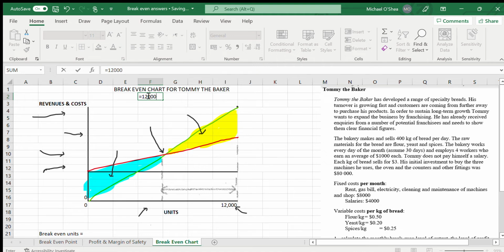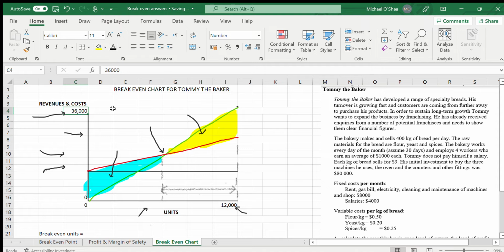So equals 12,000 multiplied by $3, just to show you that here is 36,000. So the sales are going to go up to 36 grand, and that's the biggest number we'll get on the graph. The cost will be below it. So total sales, $3 a piece, I sell 12,000 of them over the month, 36,000 is total revenue.